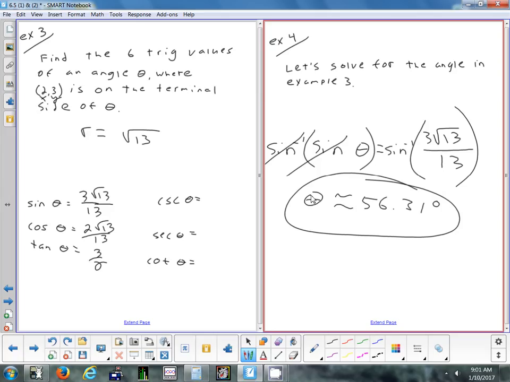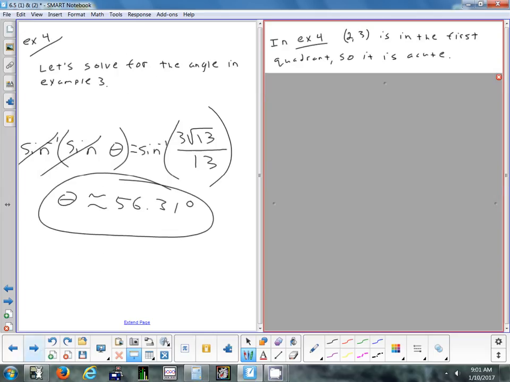If I were to sketch this problem out, that's the size of the angle that's right near the origin, between the positive x-axis and the hypotenuse. Now, that angle was in quadrant 1, and that makes it acute.